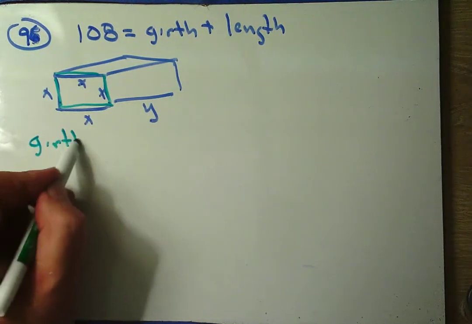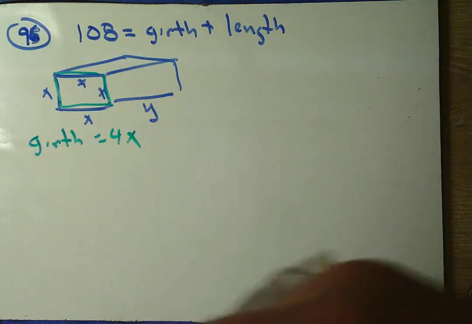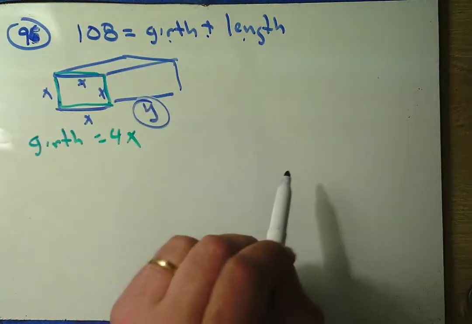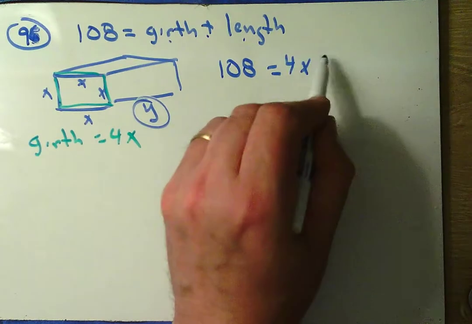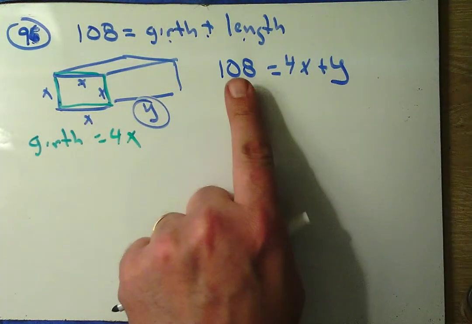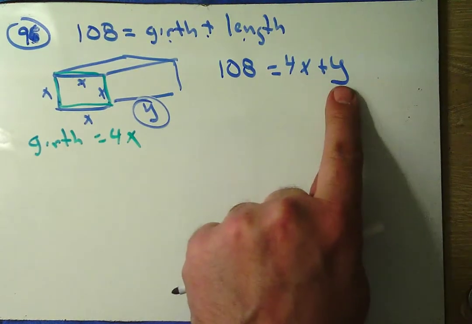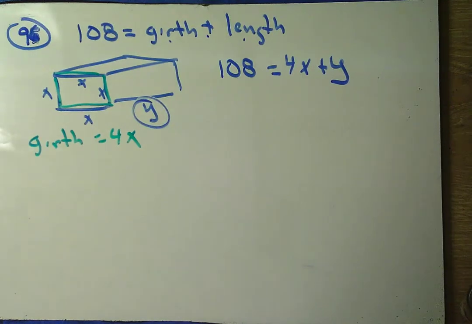So girth is 4x. And here I'm told that girth plus length would equal 108. So I've got 108 equals 4x plus y. 108 is the combined girth and length. Okay, what else? Flip the page over.